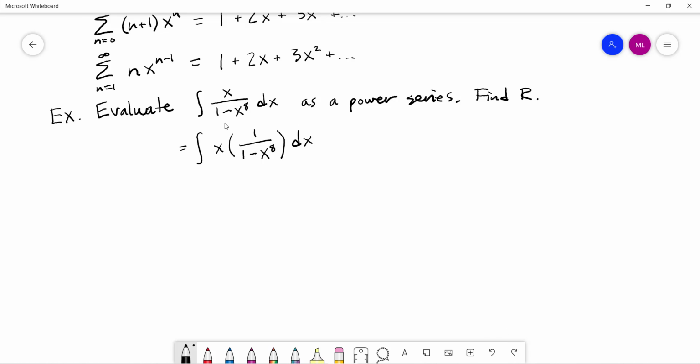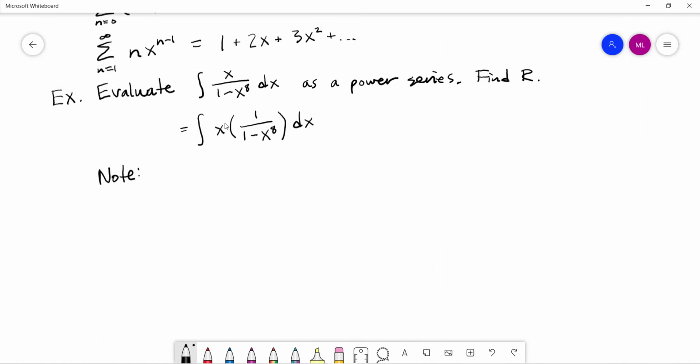All I'm trying to note is that basically our x over 1 minus x to the 8th is the same thing as x times 1 over 1 minus x to the 8th. And that 1 over 1 minus x to the 8th, we can represent as a power series.